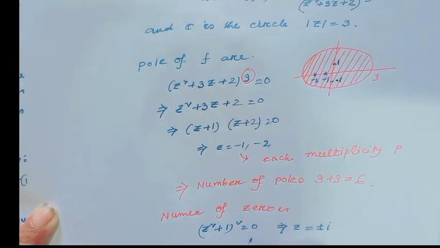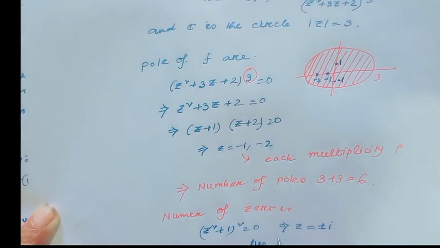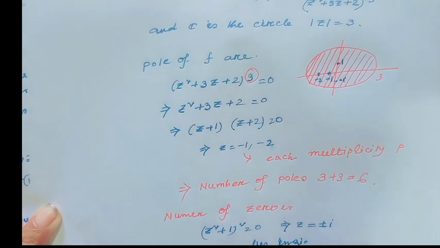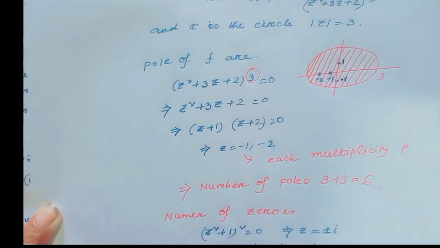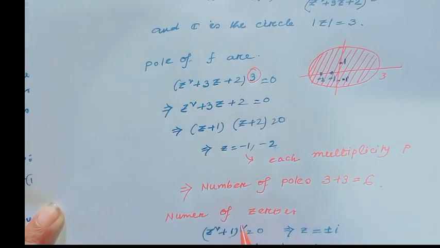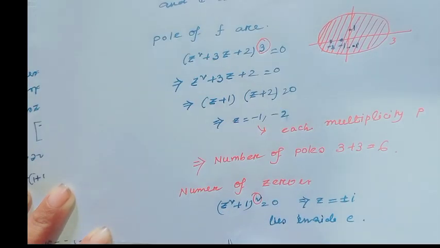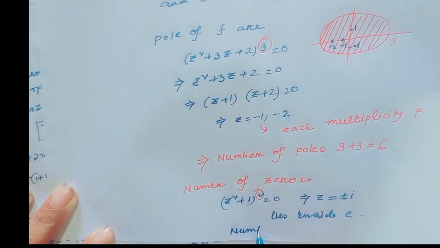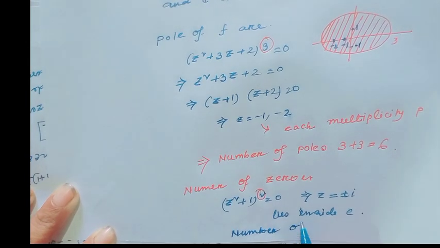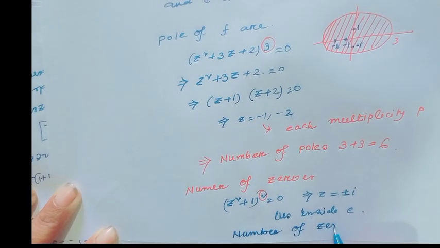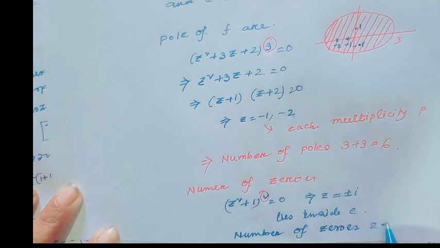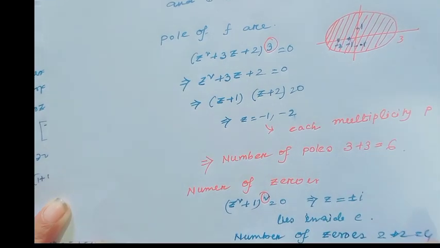These also lie inside the circle C, with multiplicity 2. Therefore the number of zeros is 2 plus 2 equal to 4.